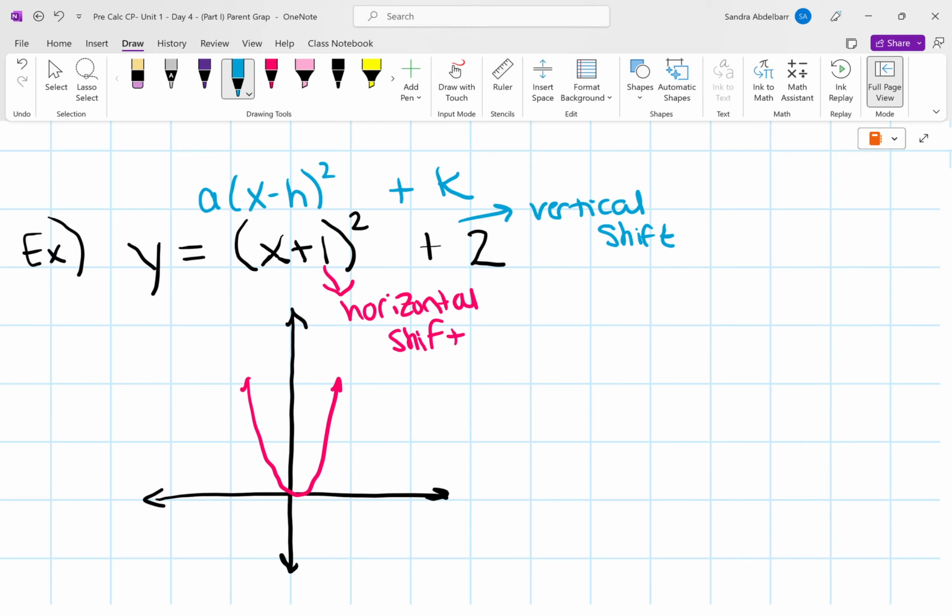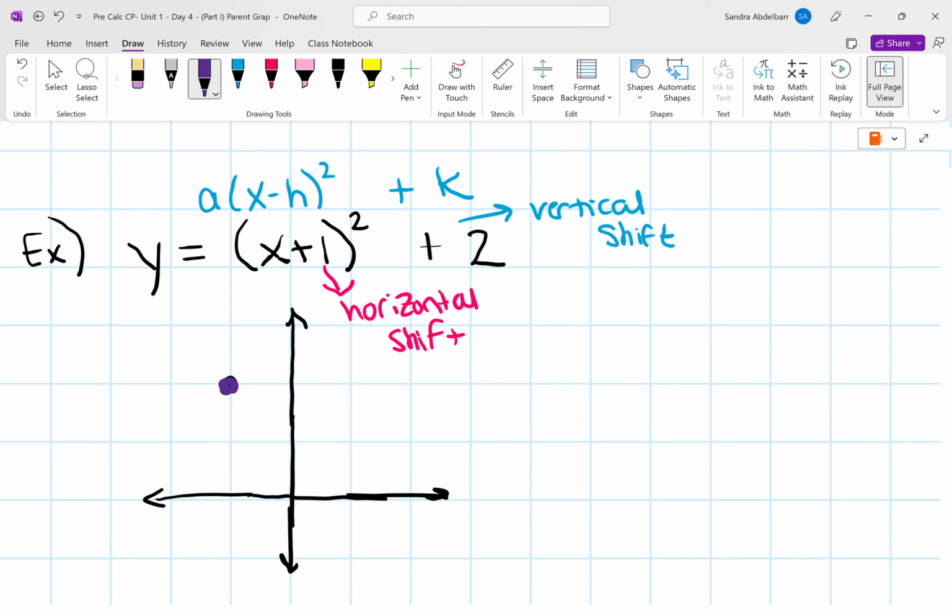So remember, it's supposed to be a minus in the parentheses. Since it's a plus, am I going to shift right or left? Left, because it's a plus h, we're shifting to the left. So I'm going to take my turning point from my parent graph and shift 1 unit to the left, and then how many units up? 2 units up. There is my new turning point.